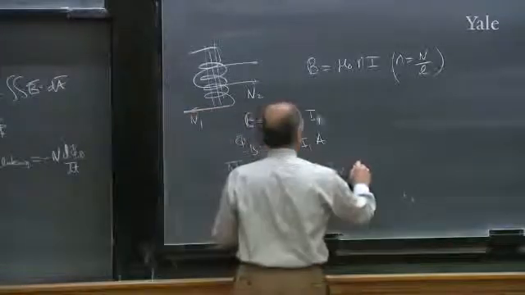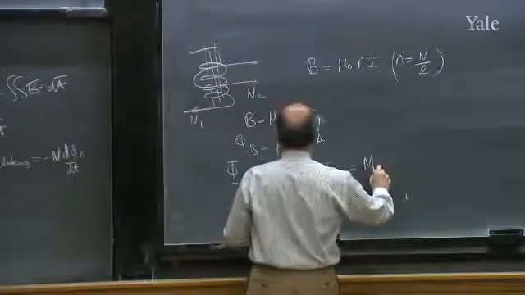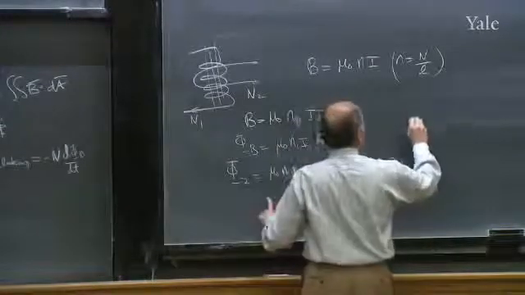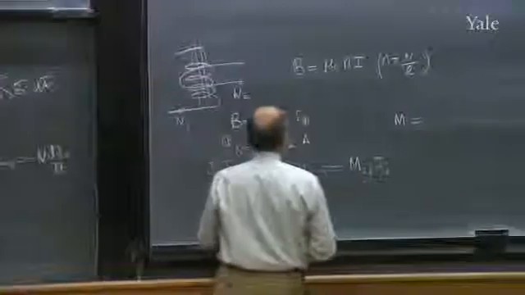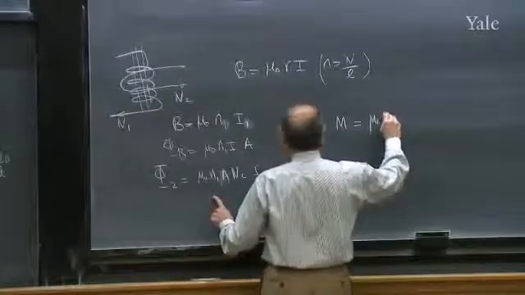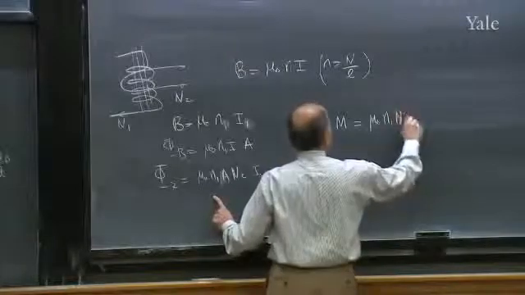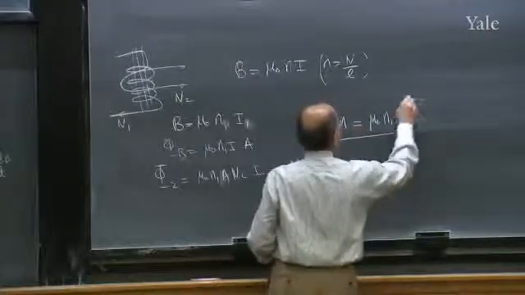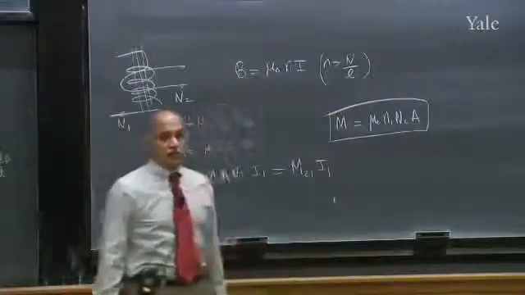That, by definition, is equal to the mutual inductance M21 I1. Therefore, I'm not going to call it 1, 2, or 2, 1. It's independent of the order. It's equal to mu0 N1 N2 A. That's the mutual inductance.